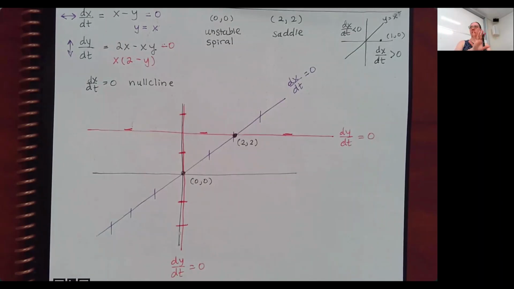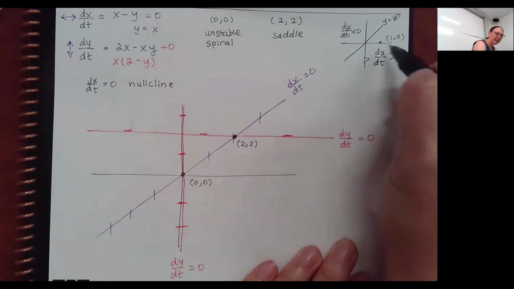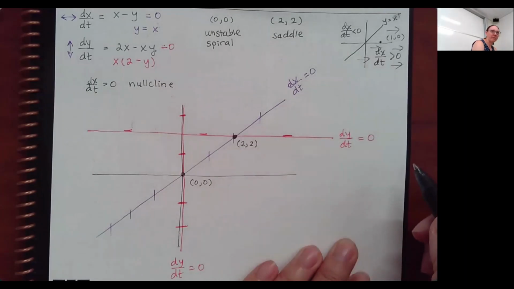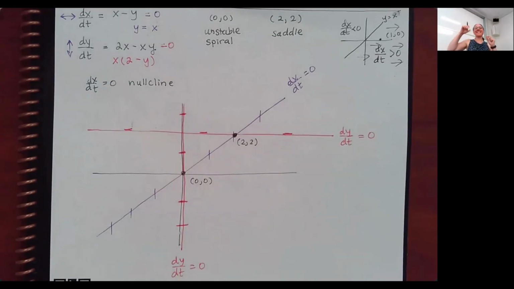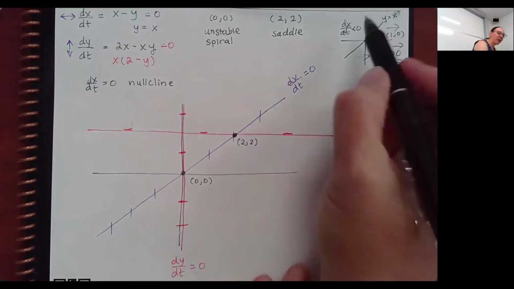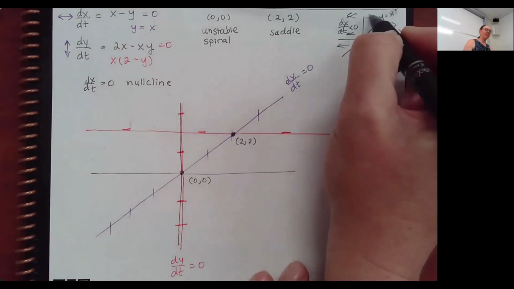I'm just trying to be consistent with what you, so everywhere over here, if dx/dt is positive, all of these arrows should be pointing to the right. All of them on that entire side of the nullcline. Because the nullcline is like a dividing line that is in a particular direction. So everywhere on the other side of this nullcline, my arrows have to be pointed to the left.